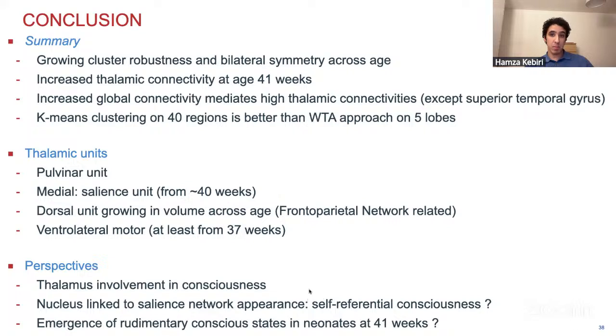Hence, we can, for example, make some hypothesis linked to the salience network, and if its beginning maybe means a kind of self-referential consciousness that is starting, or even when we see, for example, this burst at 41 weeks in the connectivity. So I will present this work next week at NYU in the Infant Consciousness Conference, and discuss these ideas with more expert people on this.